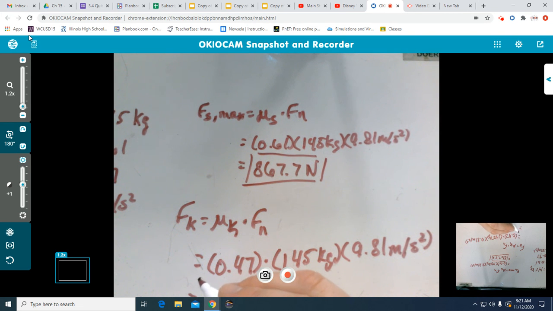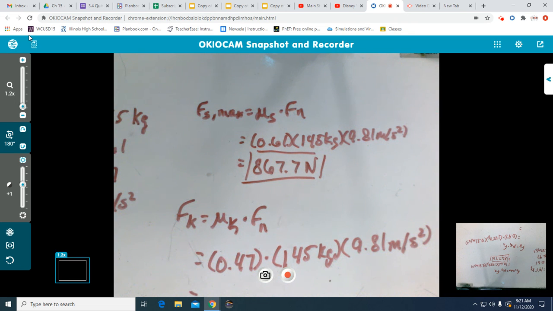Well, I was off on that last problem, so it's 668.5. And this is also in newtons.